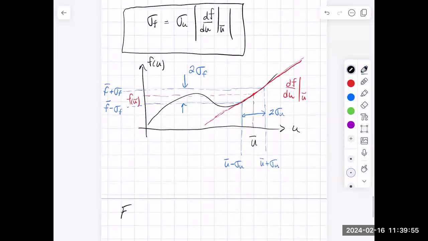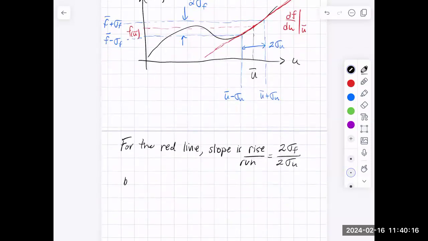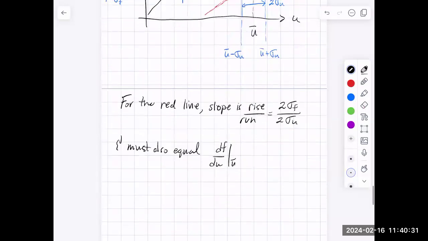So for the red line, the slope is rise over run, which is equal to 2 sigma f over 2 sigma u, and it must also be equal to df du at u bar.